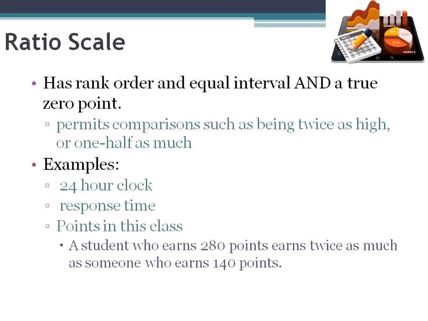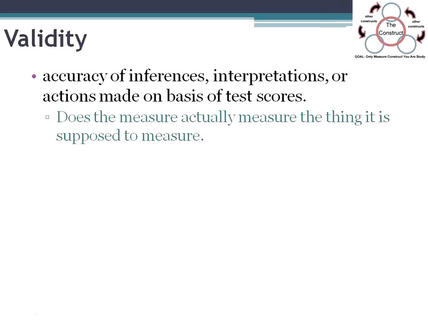There's a meaningful 0, and the distance between 1 point and 2 points is equal as the distance between 5 and 6 points. And because of this, we can do these ratios. So 280 points is twice as much as someone who earns 140 points. That's what makes this ratio level data. So these are the 4 different subcategories of data, but again, continuous and categorical are really the critical ones.